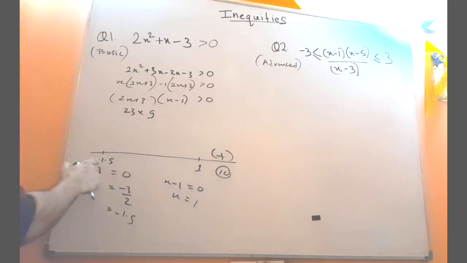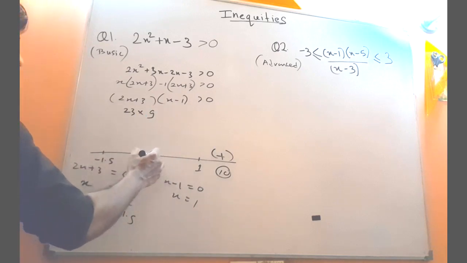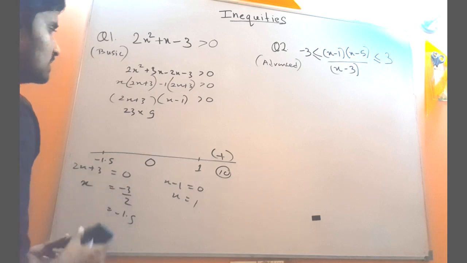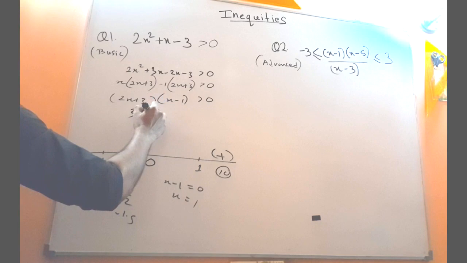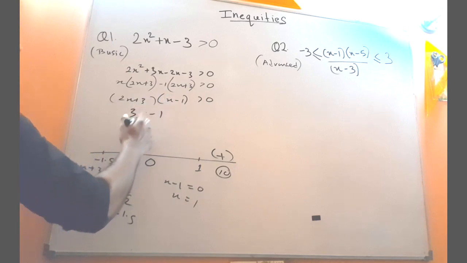In between minus 1.5 and 1, let's put 0 there. Here you get 3, here you get minus 1, so 3 into minus 1 is a negative value.